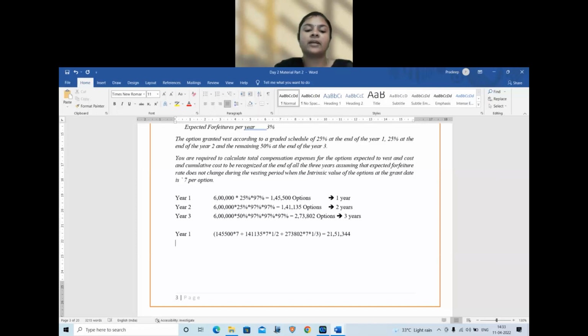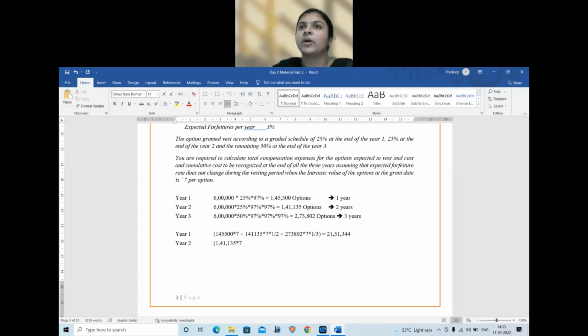Now listen carefully for year 2. This is where you need to focus. Year 2, first 1,45,500 options are we going to recognize? No. So leave it. For 1,41,135 options, we are going to recognize for 7 rupees, for the entire 2 years.